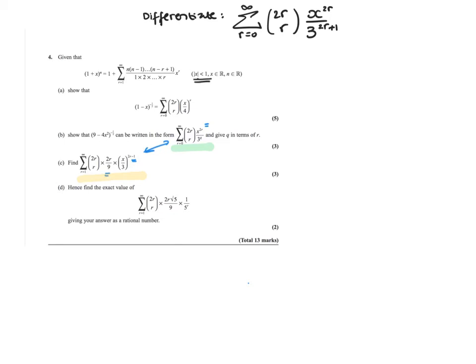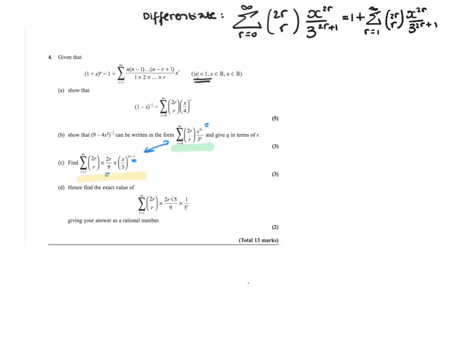Now, actually, let's think about this carefully, because if we work out the term when r equals 0, we know that's equal to 1, so we can actually just rewrite this like that. Just starting the summation at 1 and taking out the term where r equals 0.